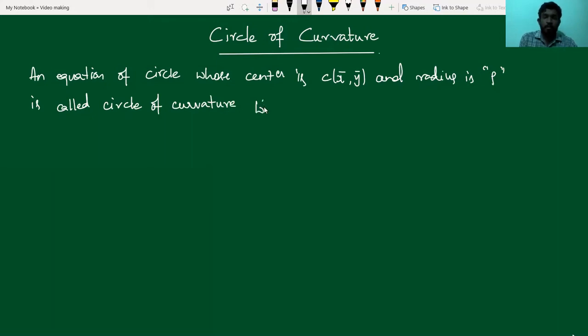Where this x bar comma y bar is the center of curvature and rho is the radius of curvature.